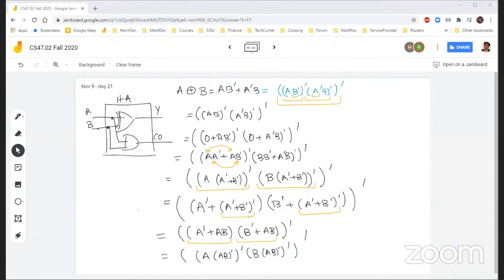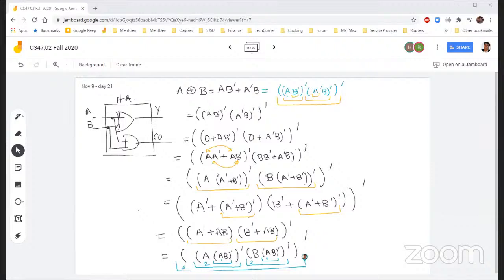So now you see how many NANDs I have? One common NAND, AB bar, that is one, and then two, three, and fourth.